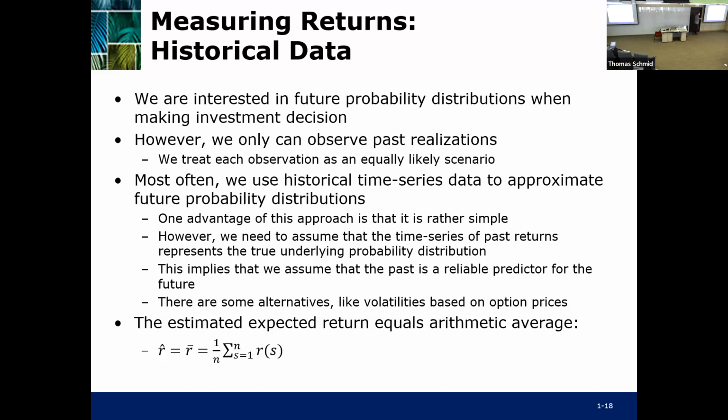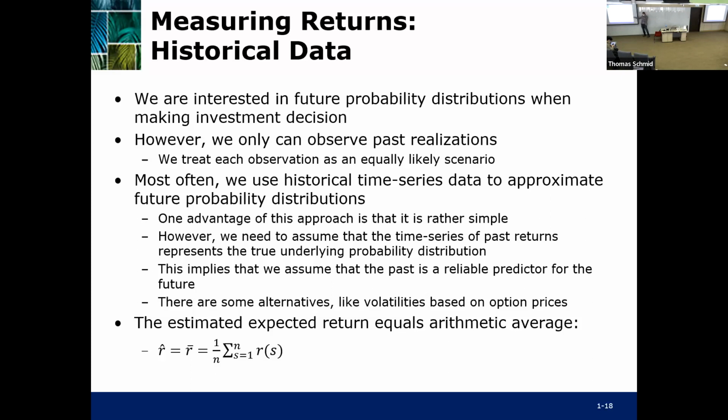If that's the case, then it's perfectly fine to use historical data, because then historical data will actually accurately capture the actual distribution. The problem is if this data generating process, if the actual distribution changes over time. Because then we use data from a time period when the distribution was different than it will be in the future. Okay?